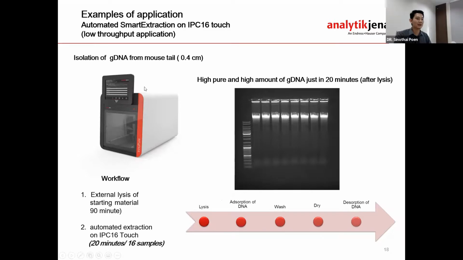Also, the smart extraction can be used with difficult starting material like mouse tail, as shown here. Following 90 minutes of external lysis and automated extraction of 20 minutes, we got good yield and good quality of DNA from the extraction.